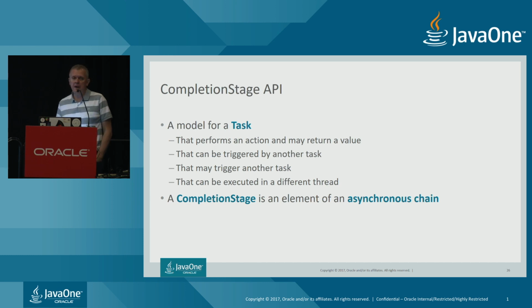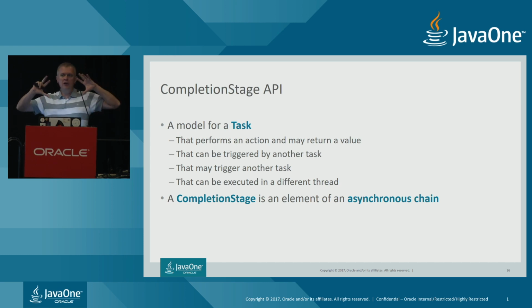It's a full API. The idea is really to take a task, and this task is going to be modeled as a lambda, since we are in the Java 8 world. And this task is going to be executed asynchronously in another thread than the calling thread by default. We can pass an executor service, by the way, to tell the API, hey, you should be executing this task in this given executor service or in this given thread.